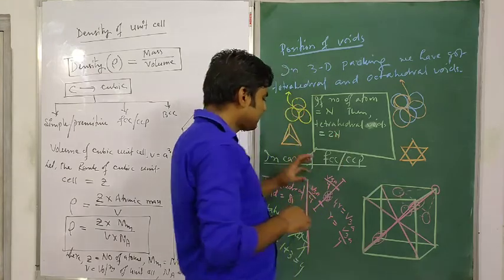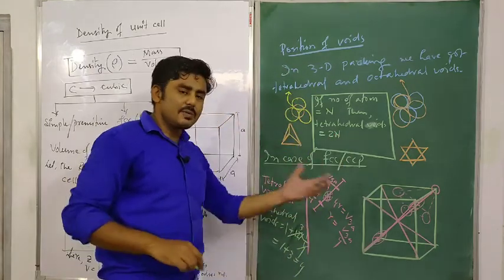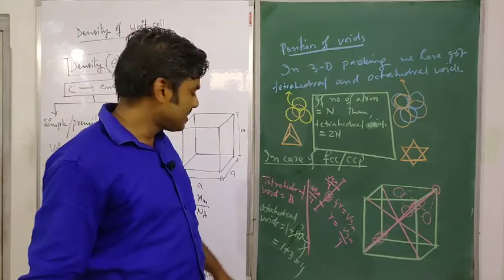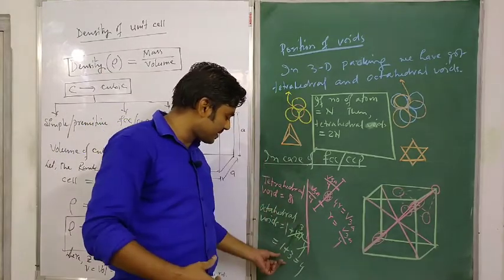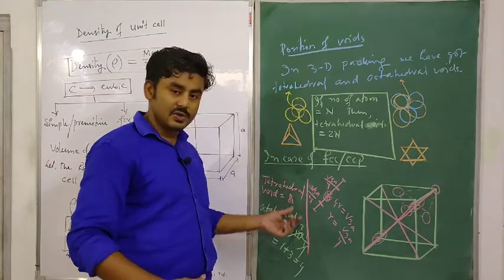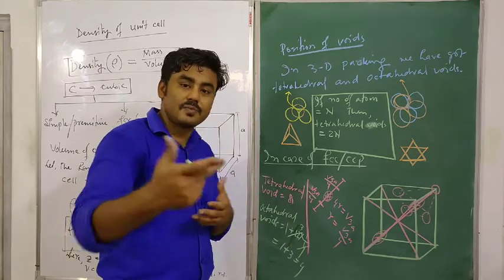Here you've seen that in FCC how many atoms are there? There are 4 atoms. So if FCC has 4 atoms, we have got octahedral voids 4, but tetrahedral voids is equal to 8. That means double of 4.